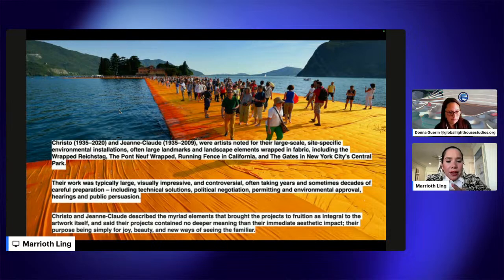So these two artists, who were married, were noted for their large-scale, site-specific environmental installations, often large landmarks and landscape elements wrapped in fabric, including the Reichstag, the Pont Neuf in France, the Running Fence in California, and The Gates in New York City, which were among the most famous artworks of Christo and Jeanne-Claude. There are very interesting things about their work.